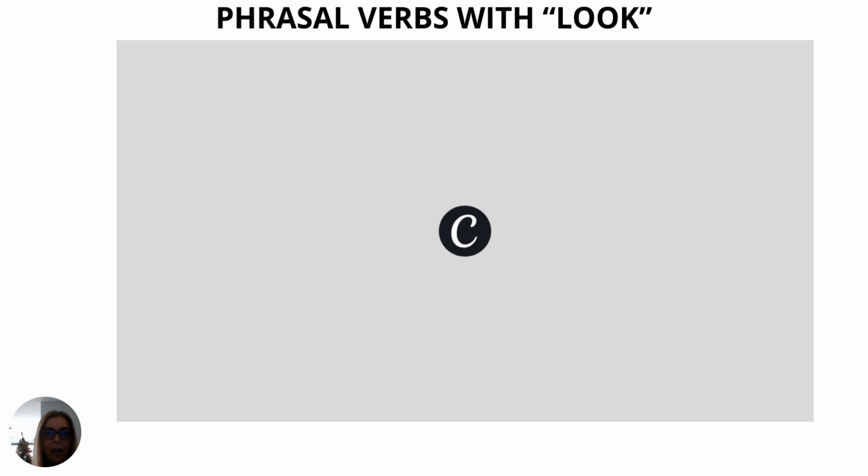Now, let's see the second exercise about vocabulary. When we combine the verb look with prepositions or adverbs, it creates other verbs with different and specific meanings.